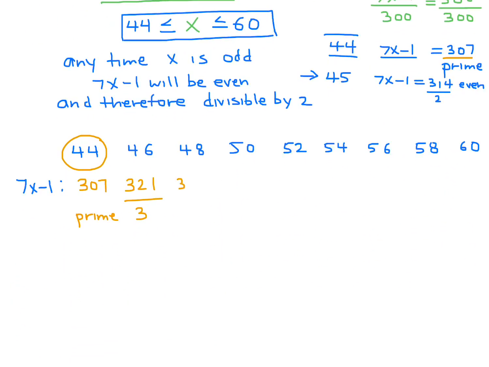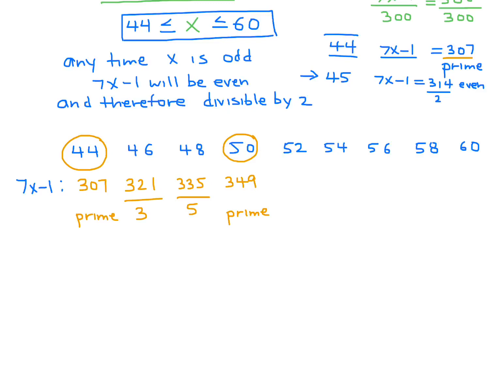How about 48? That's 335 for 7x minus 1. That's divisible by 5. So remember, when that expression comes, it's not in lowest terms. 349 is what you get for 7x minus 1 when x is 50, and that's a prime number. So there you go. We got another one that meets the criteria.